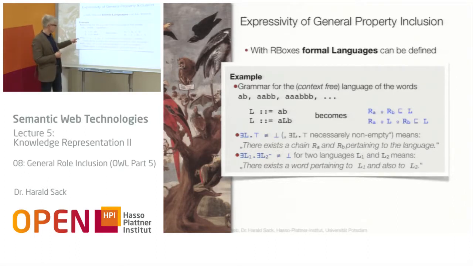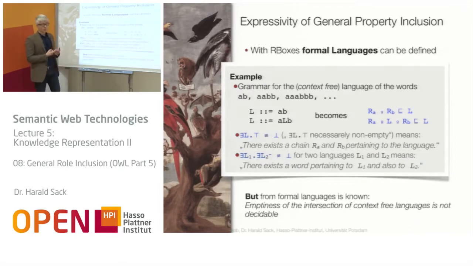You can say this in description logic. And the problem here is, if you say there are two languages, you combine them by combining language 1 and language 2 in reverse. So you're looking at the inverse of L2, and you connect these two with the same element here. You have the problem that you have to find a word that pertains to both L1 and L2.